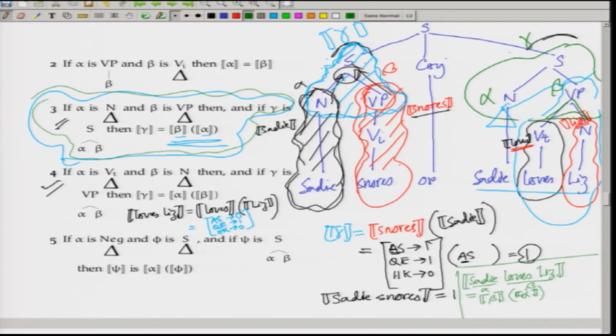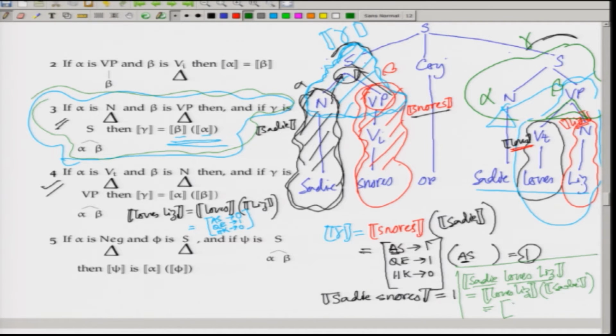So, loves Liz is beta and alpha is Sadie. So, loves Liz will now take the denotation of Sadie, right, and loves Liz is actually this function.